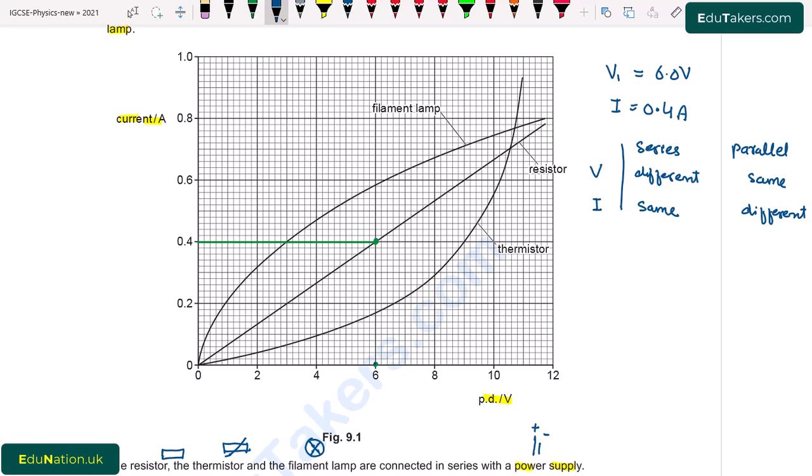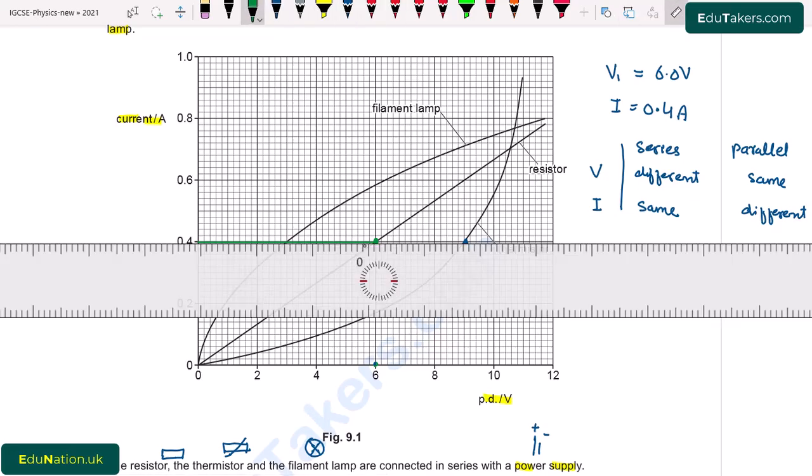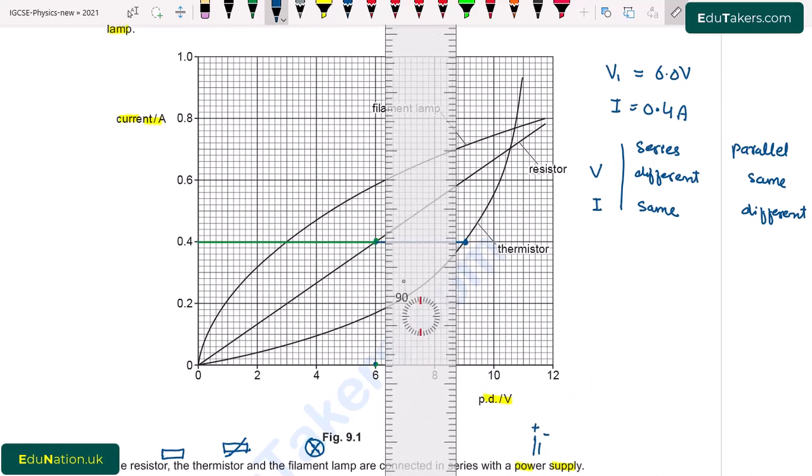For that we join this line with the thermistor at this point, and then join this on x-axis.